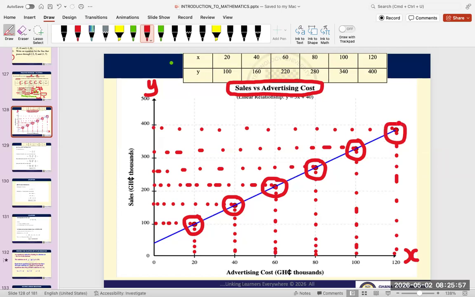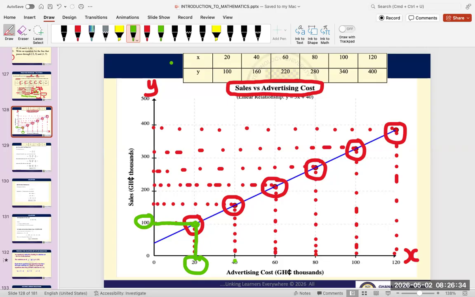So I was using these lines for you to know that that is how you use your eye to gauge, to get the point. So when X is 20, you go and look for Y 100, and then you try and make them meet at a point. So whilst Y is coming this way, X is also coming this way, and then they will meet at this point, and then you circle it.